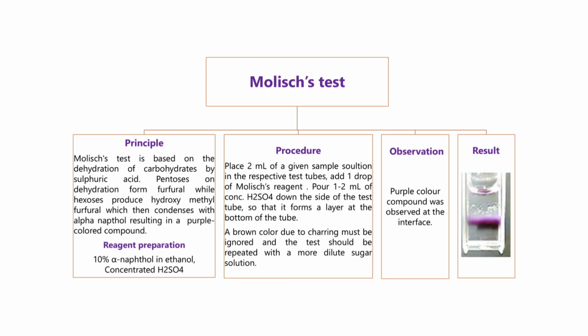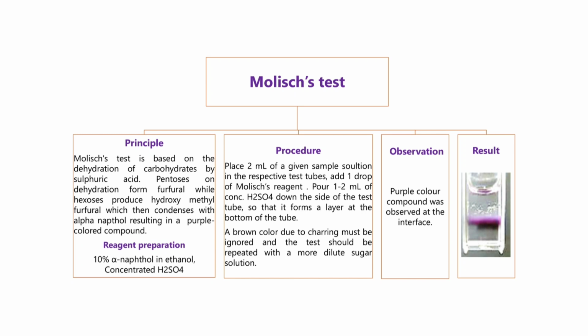The procedure involved in Molisch test is that take a few ml of the given sample in the test tube and add 1 drop of Molisch reagent, followed by which add 1 to 2 ml of concentrated sulfuric acid along the sides of the test tube and wait for the purple ring formation at the junction.